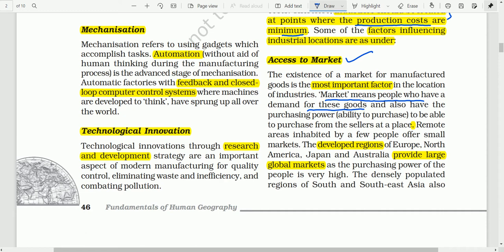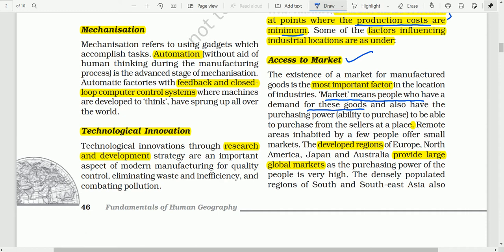that particular commodity. So if there is no market, if people do not like the product, then the factory, or the industry, will be lost.